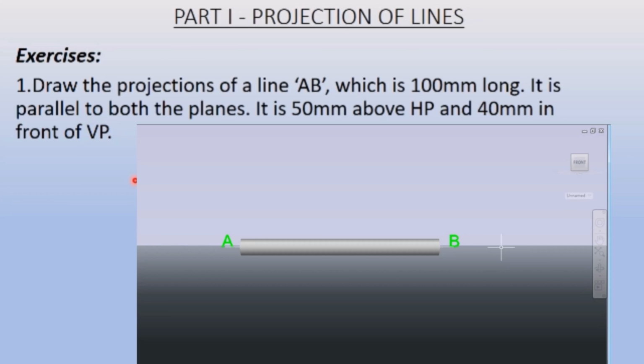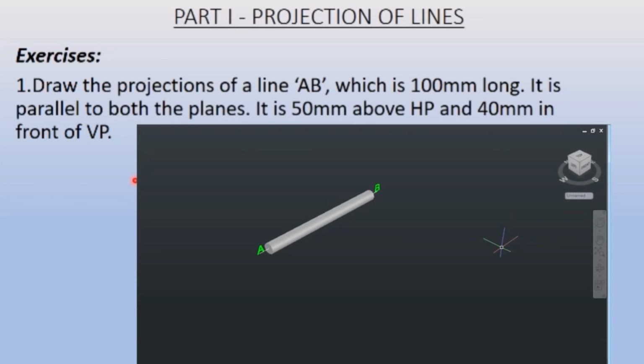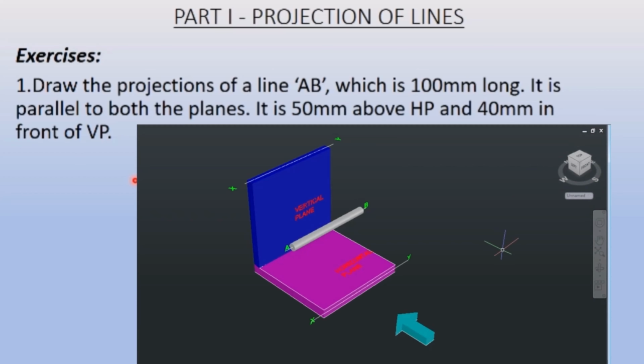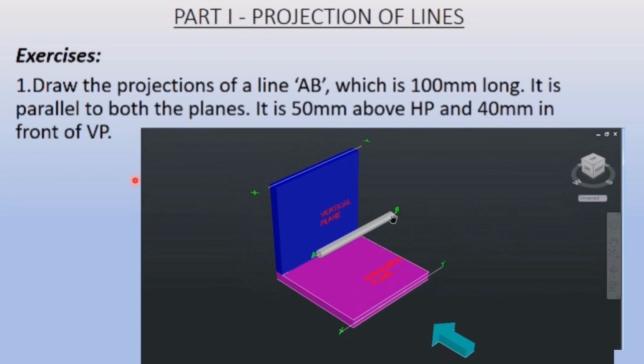So we'll get our planes first, horizontal and vertical plane. Here this is our line AB, as you can see, A and B. This is the horizontal plane and this is the vertical plane. As the line is parallel to the horizontal plane, we have drawn this line in this manner.